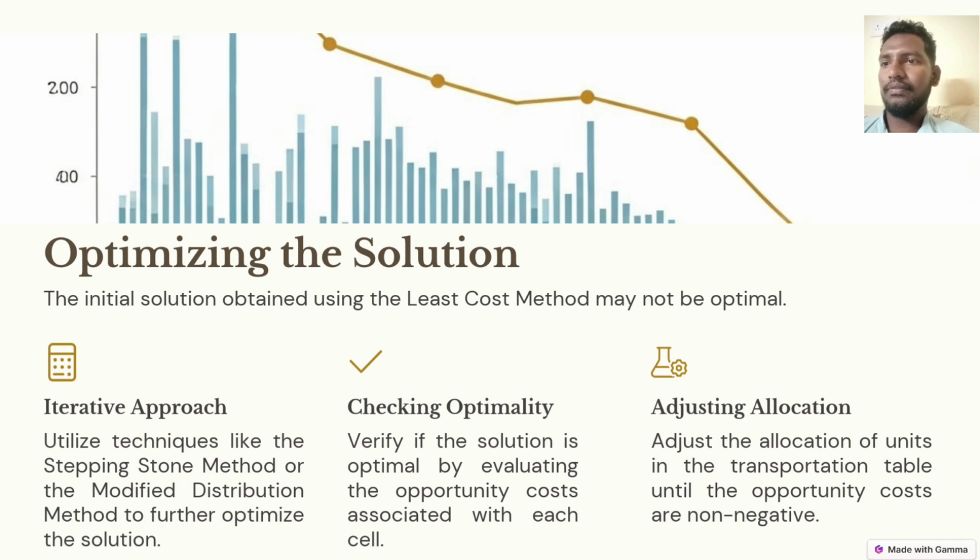Iterative approach: utilize techniques like the stepping stone method or the modified distribution method to further optimize the solution. Checking optimality: verify the solution is optimal by evaluating the opportunity costs associated with each cell. Adjusting allocation: adjust the allocation of units in the transportation table until the opportunity costs are non-negative. This is optimizing the solution.